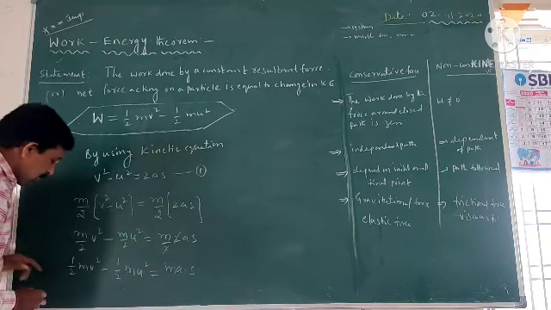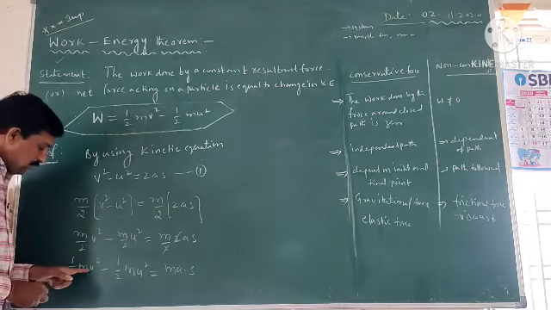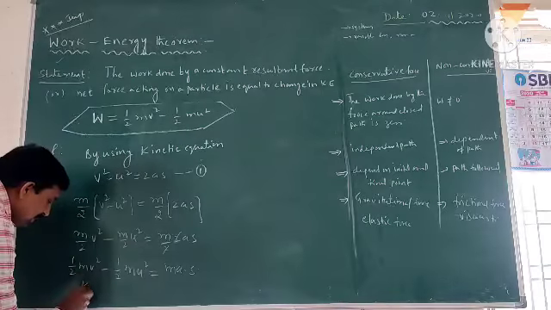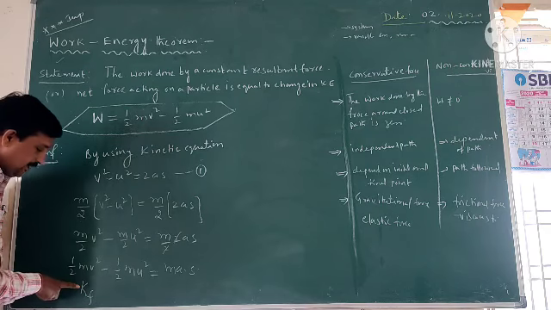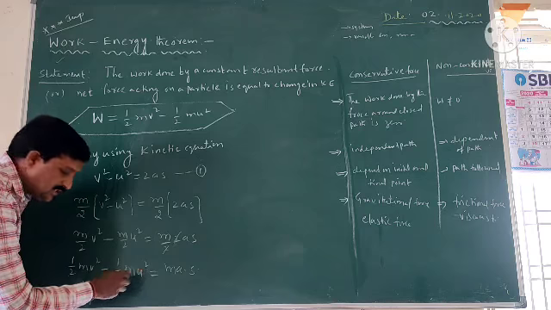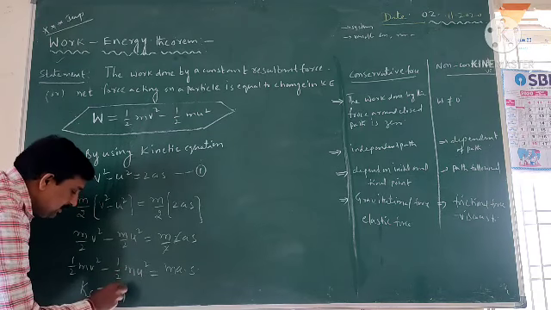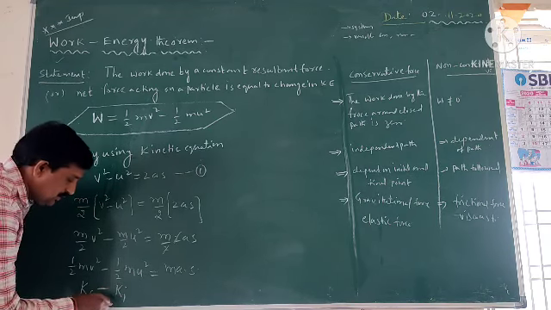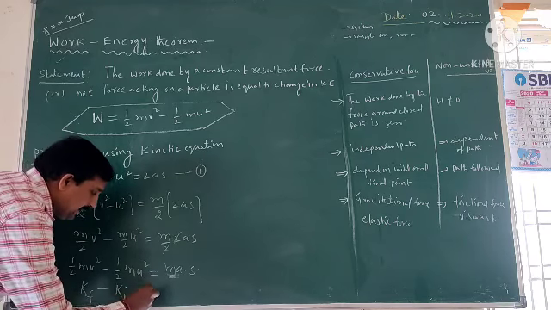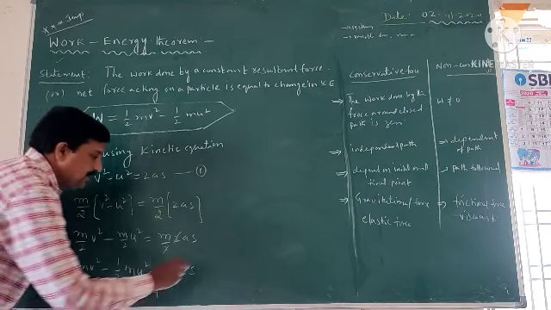mas. Half mv square, where v is the final velocity, is the final kinetic energy Kf, minus half mu square, where u is the initial velocity, the initial kinetic energy, is equal to ma. According to Newton's second law, F is equal to ma.